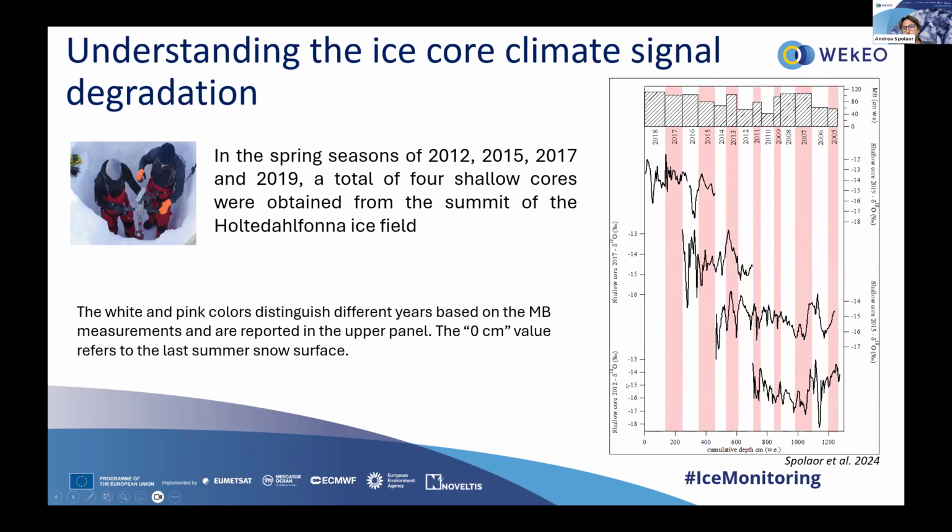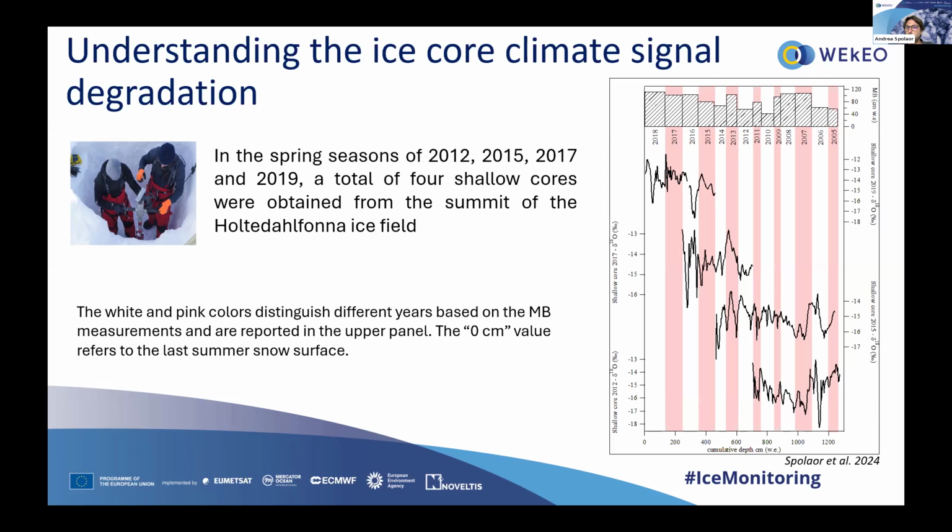And we measured this water stable isotope parameter. This is the 2012 and this is the 2015 ice core record, divided by year. In 2012 we can see some oscillation of this parameter connected with temperature, and the same in the 2015 ice core.